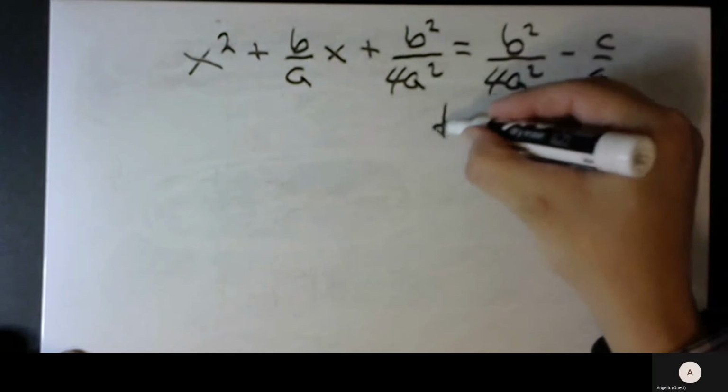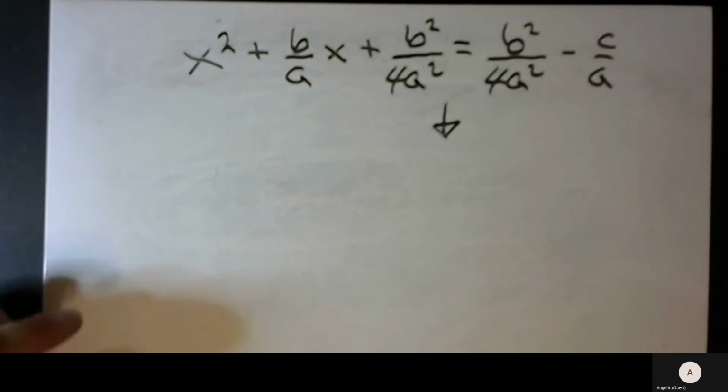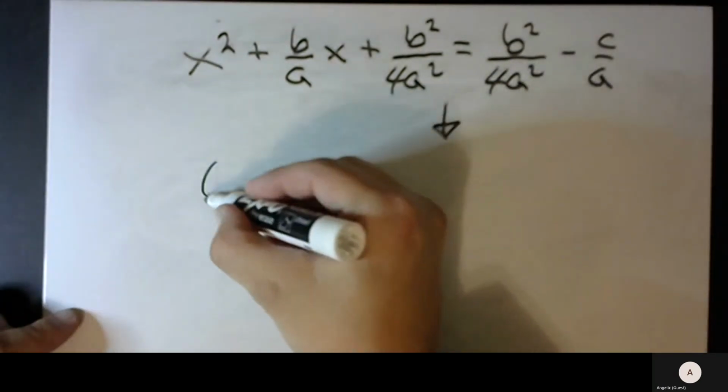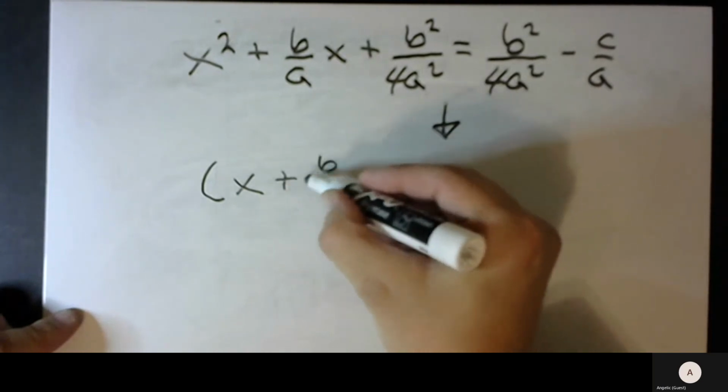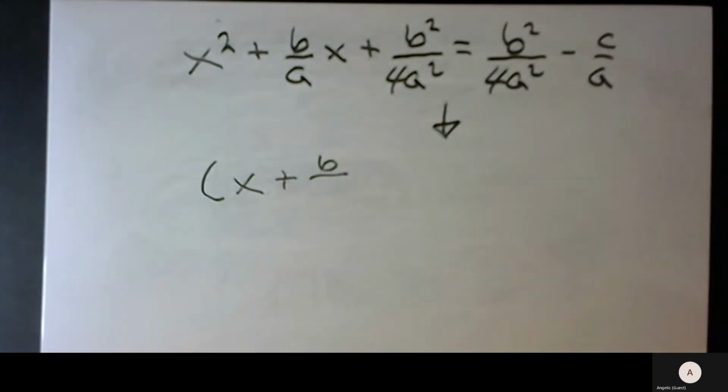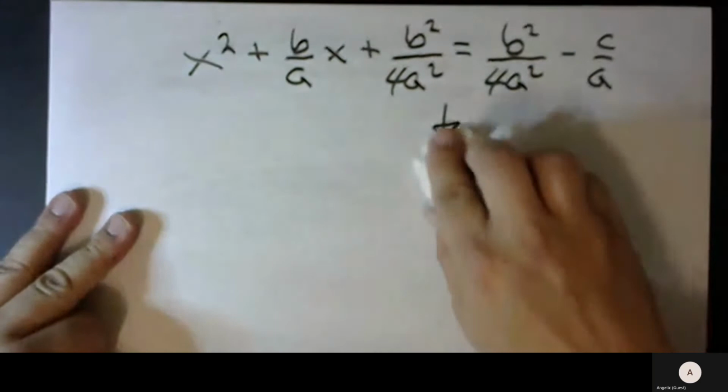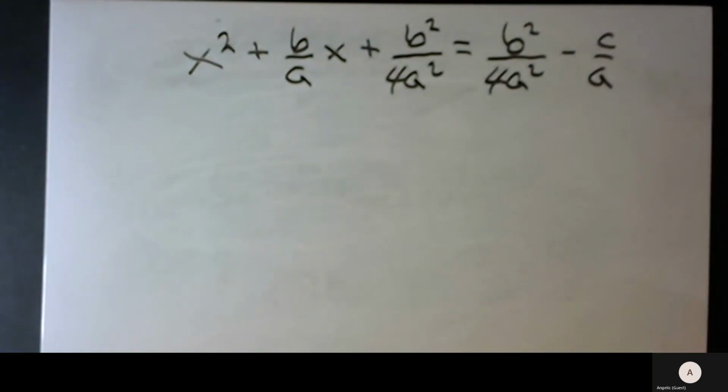Will drop down, and using that completing the square, we can rewrite this right here. I can put it like this.